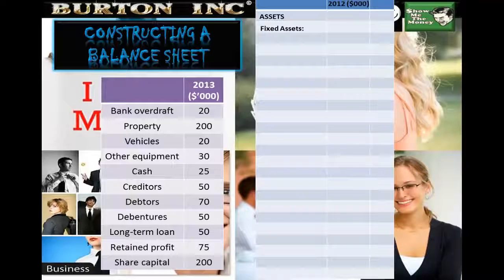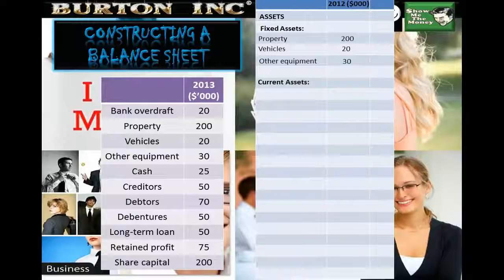We'll start with fixed assets under our assets section. Go through and identify each and every single fixed asset that you can. Here, out of our financial information, we can see we've got property, vehicles, and other equipment appearing as fixed assets. All we do is we transfer that information across to our fixed assets section of our balance sheet. Property of $200K, vehicles 20, other equipment $30,000. We can't see any more. Let's move it on.